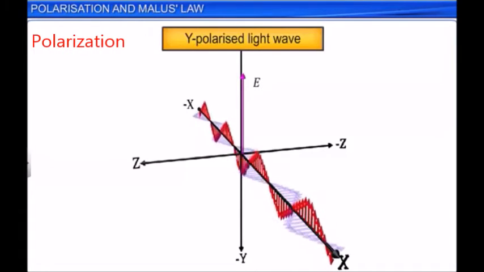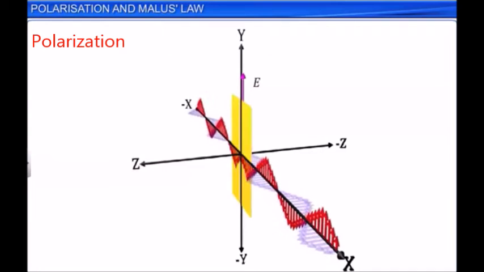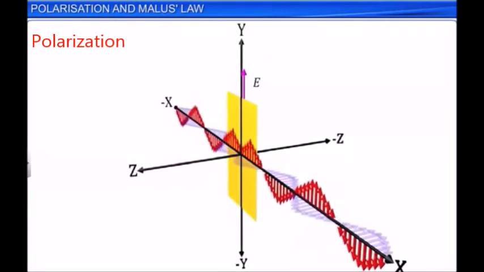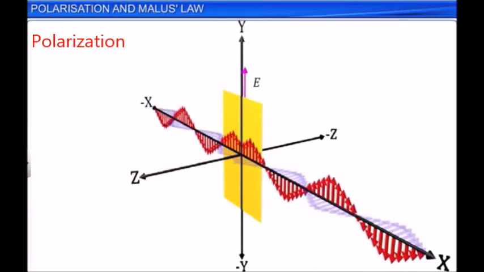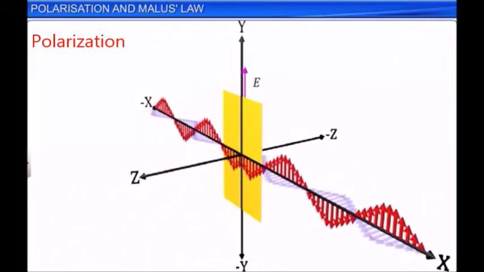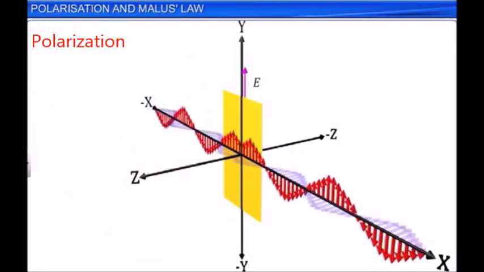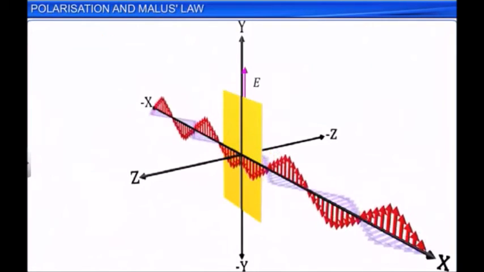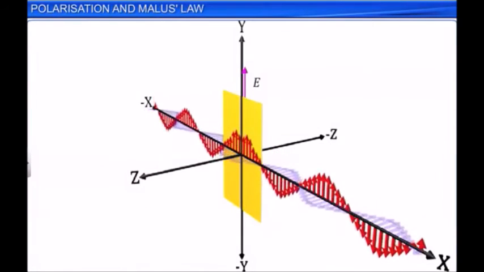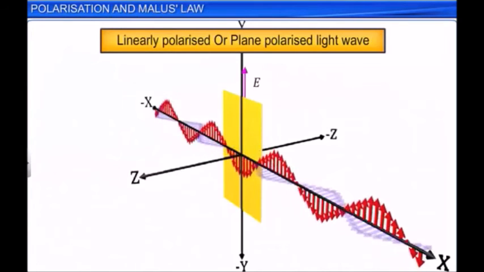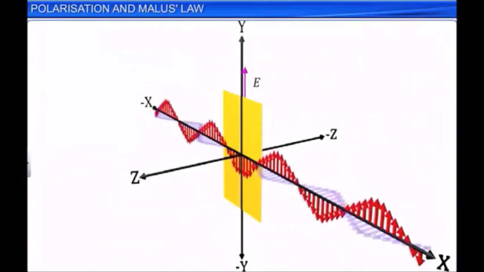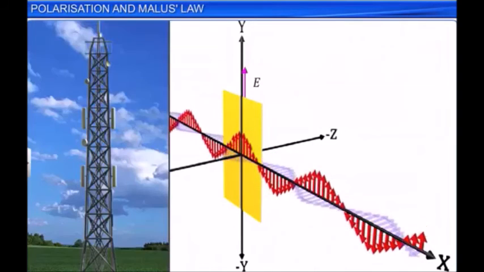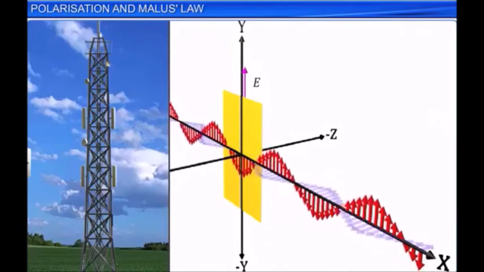Polarized wave. The plane determined by the E vector and the direction of propagation of the wave is called the plane of polarization of the wave. If the E field remains in a fixed direction, then the wave is said to be linearly polarized or plane polarized. The electromagnetic waves used for radio and TV transmission are plane polarized.